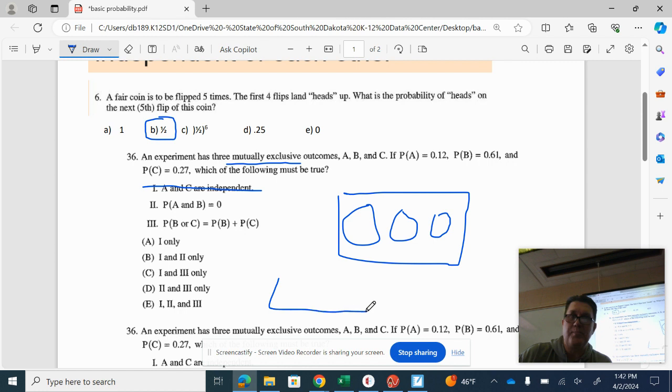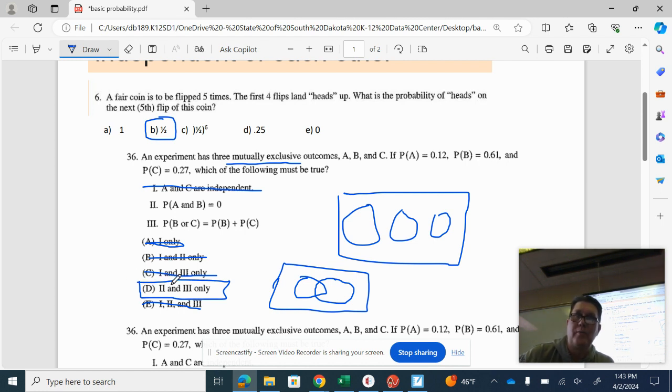Independent events always have overlap. If one happens, the other one still can occur. So this one right away throws that out. That's good, because we can throw out A, B, C, and E. The answer must be D, because as soon as we throw out 1, we're good.